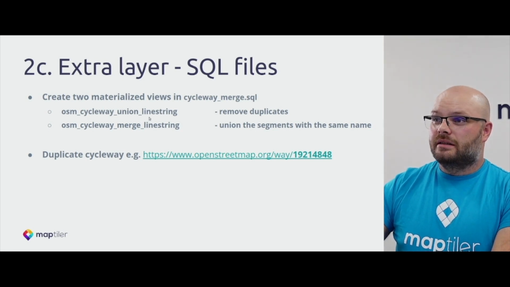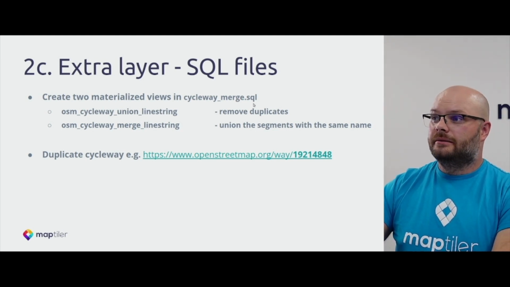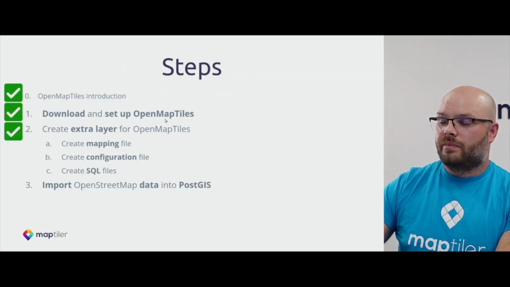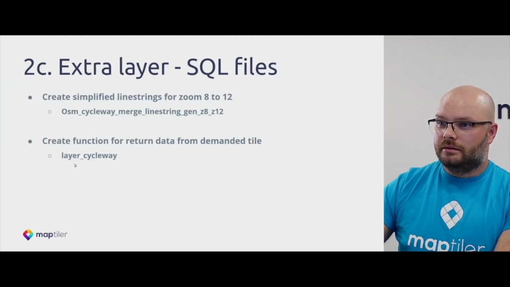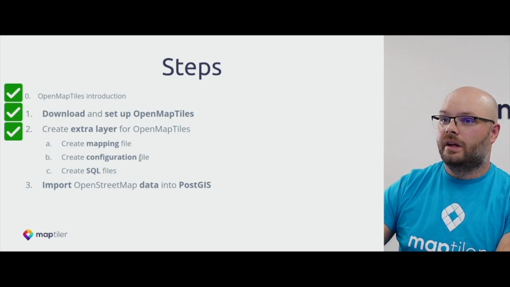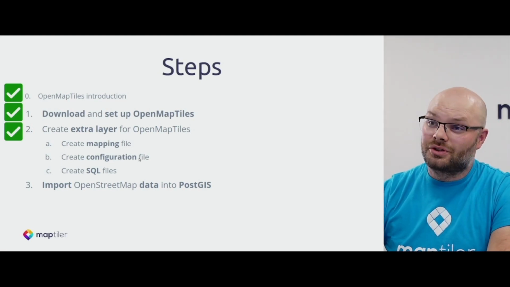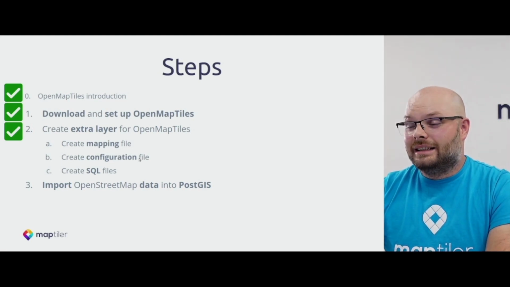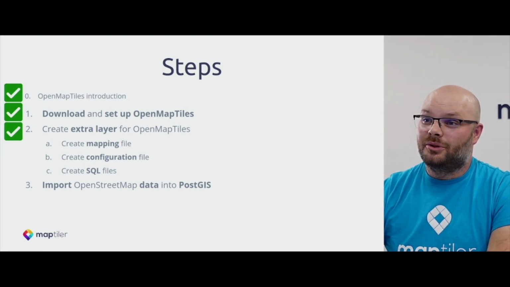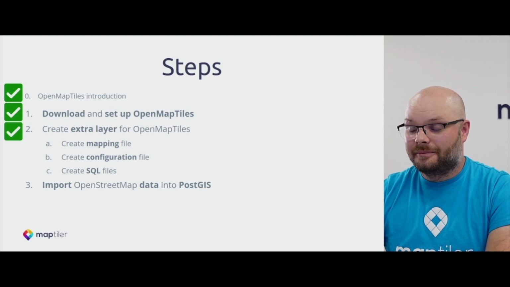The preprocessed cycleway merge SQL file and the function which returns from the demanded tile the layer cycleway. So this was maybe a hard section for step 2, create extra layer.